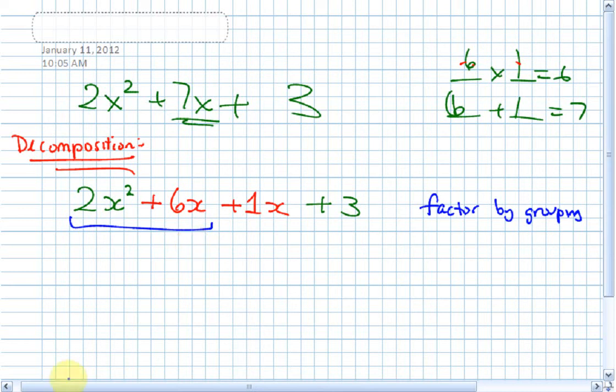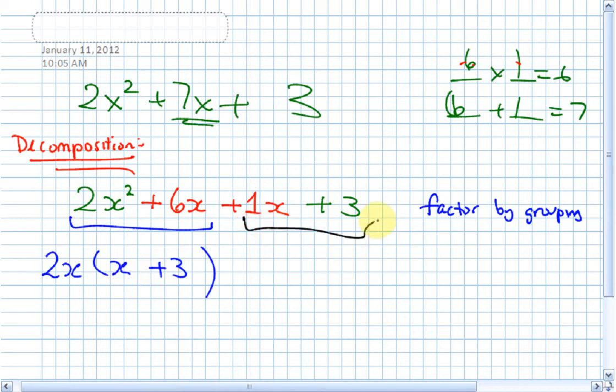X, 2x, good. I'm going to factor out the 2x from the first two terms. Now, what's 2x squared divided by 2x? X, good. What is 6x divided by 2x? 3, good.